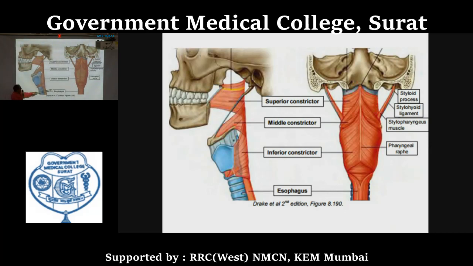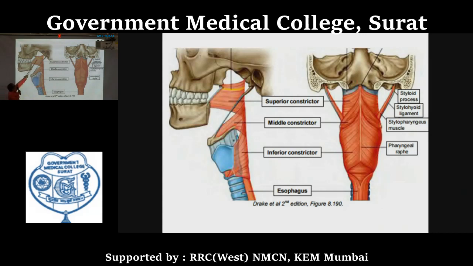Now this is the posterior view of these constrictors. Here you can see the posterior median raphe, providing insertion to all the constrictors. This one is the inferior constrictor. This is the middle constrictor. And lastly, the superior constrictor muscle, here in the upper part.